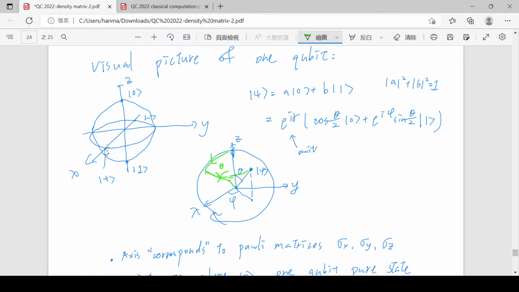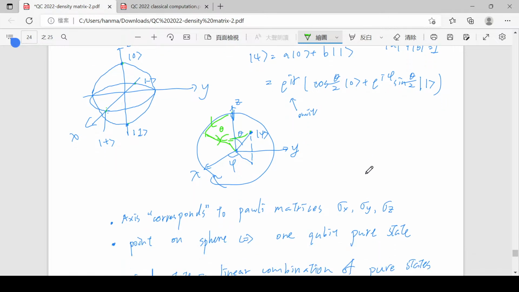So this point will be the plus eigenstate of sigma x, that's the plus state. And this state will be the minus eigenstate of sigma x, that's the minus state. Also, this point will be the plus eigenstate of z, and this point will be the minus eigenstate of z. And similarly for y. You can just check this formula, and that's true.